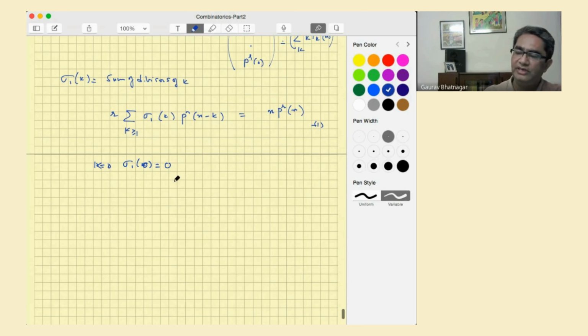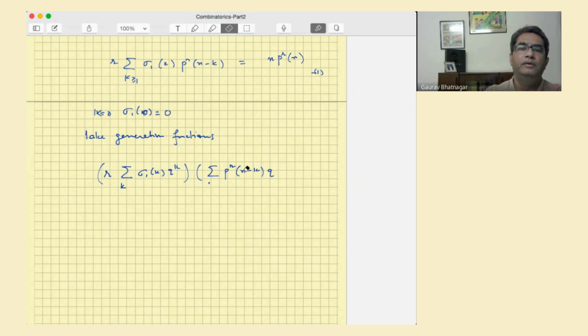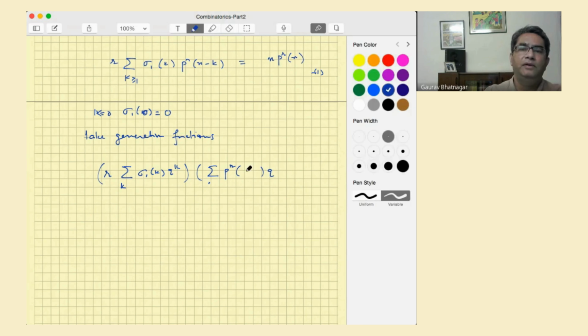We get r times the summation of sigma 1 k q raised per k, times the summation of p r n minus k, q raised per k, and this is the summation of k p r k q raised per k.